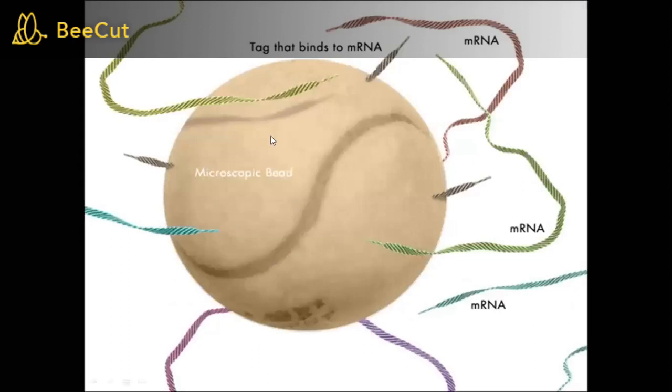Here you can see the magnetic bead, and a tag has been used that binds to the mRNA. mRNA has a poly A tail at the 3' end, so this tag will have a poly T sequence. This poly T sequence will bind to the poly A sequence present on the mRNA molecule, and likewise we can capture the mRNA molecules to the beads.